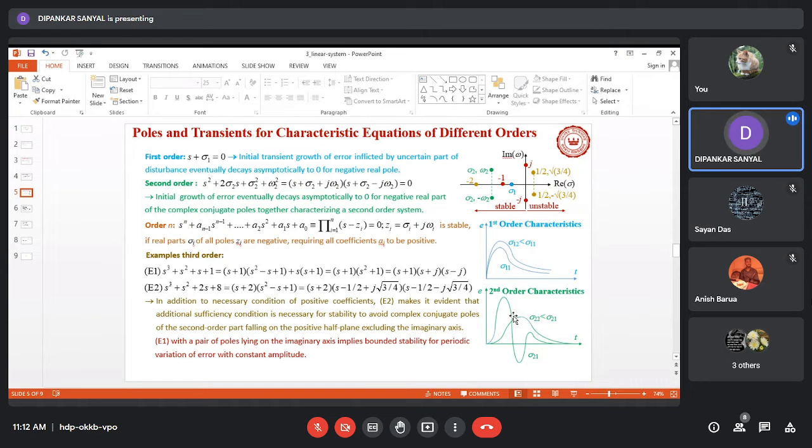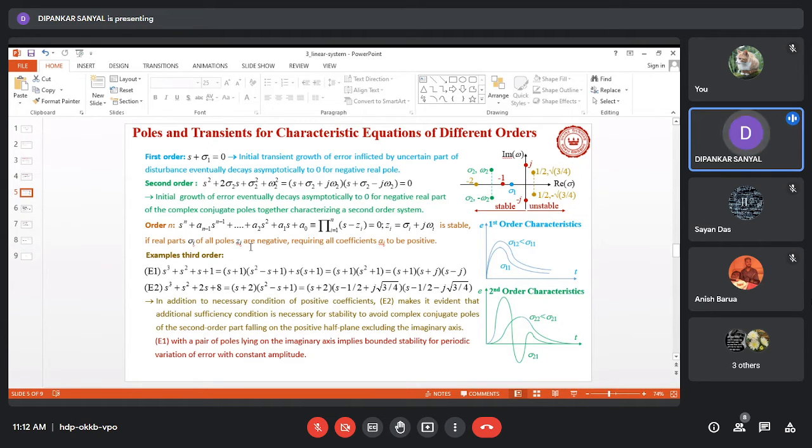So these are simple characteristics of the second order equation. Now, as I have already mentioned, for any order n, we can have a combination of pure real or complex conjugate roots.